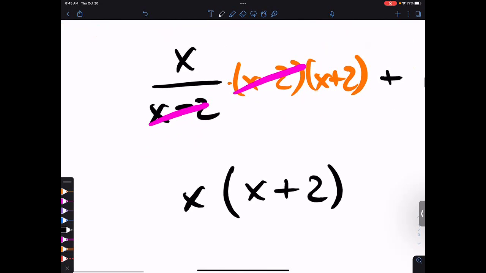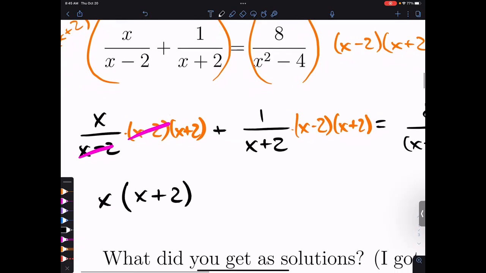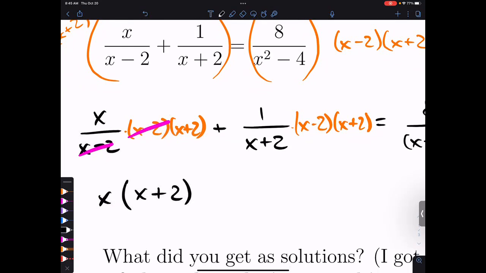Well, that's not as bad as it looked at first, right? Okay, do the same thing through the rest of the terms. So what happens with this second big group of stuff? 1 over x plus 2 times x minus 2 times x plus 2.